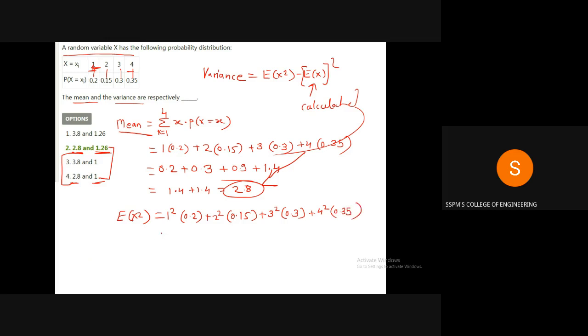Okay, so what will be the value? 1 square is 1, 0.2 into 1 is 0.2, plus 2 square, that is 4 into 0.15, that is 0.6, plus 3 square is 9, 9 into 0.3, plus 4 square, it is 16 into 0.35. What will be the multiplication? Here it is 0.2 plus 0.6.